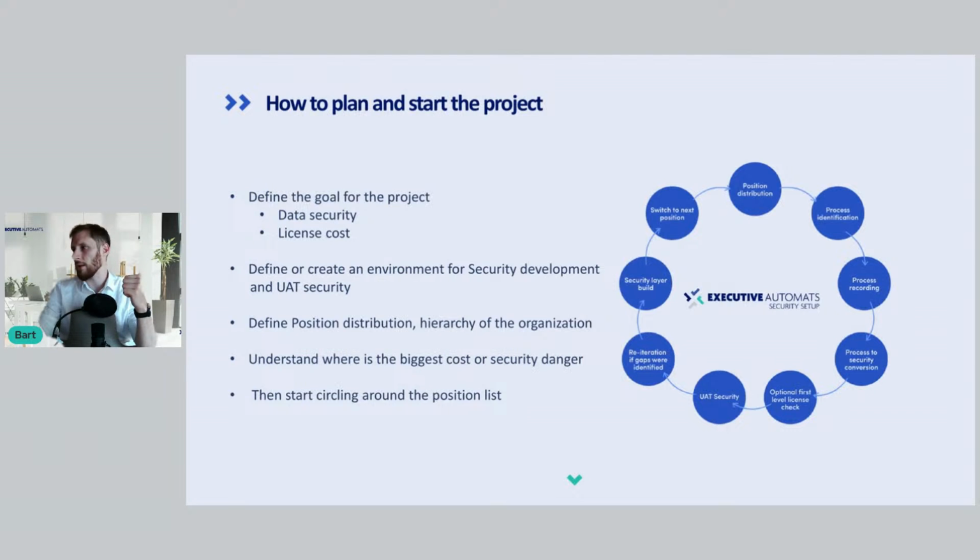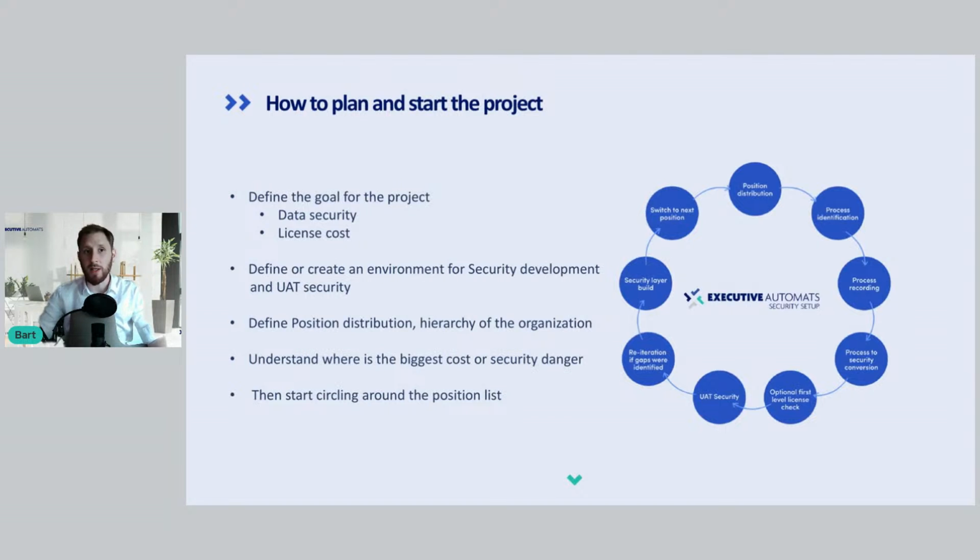Subsequently, we are recording these processes in task recording or executive automats for security setup. We are converting these processes very easily to the duties. Then we do first level license check to see if the license level is optimized, or if the conversion of these processes is not resulting in a very high license.